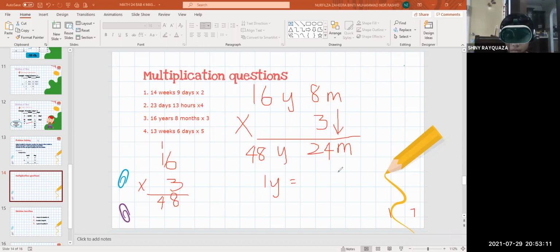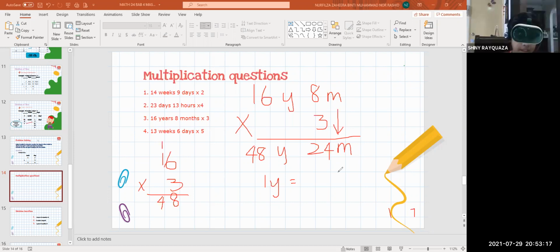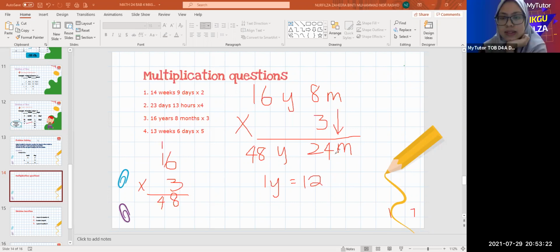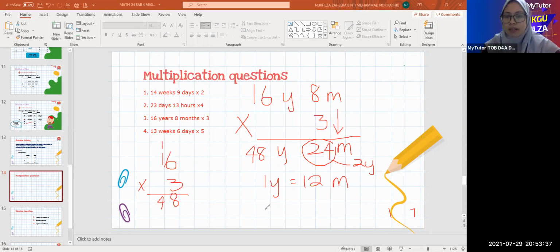Again, I ask you, in 1 year how many months? 12. 12 months. So 24 months is equal to 2 years, right? Correct. If 12 months is equal to 1 year, then 2 years equals 24 months. Is that correct? Yes.